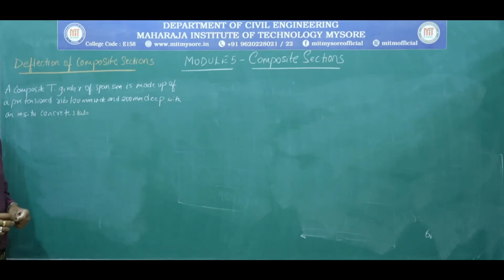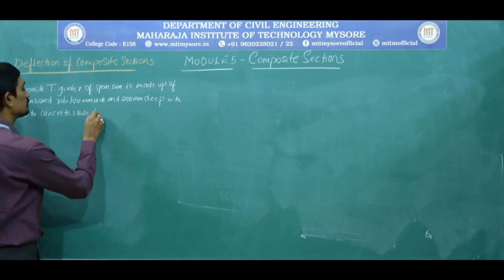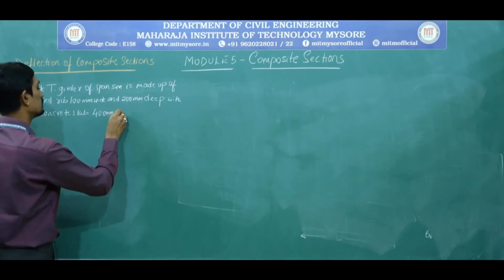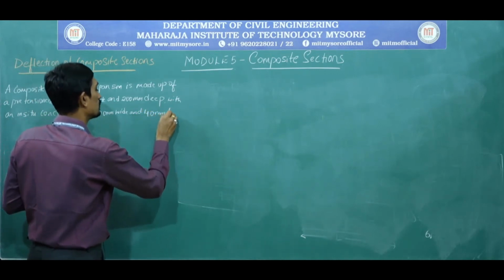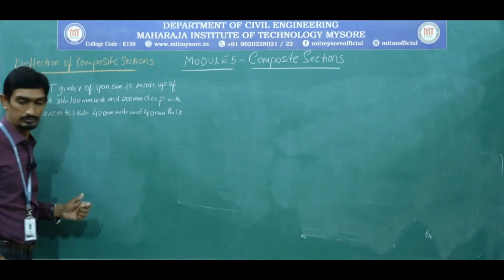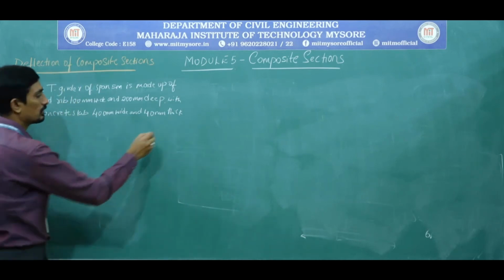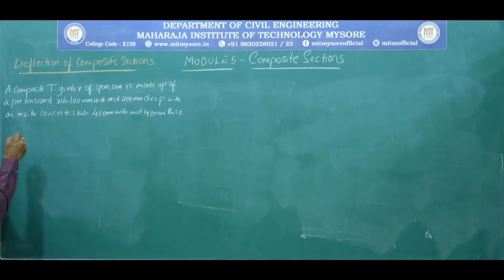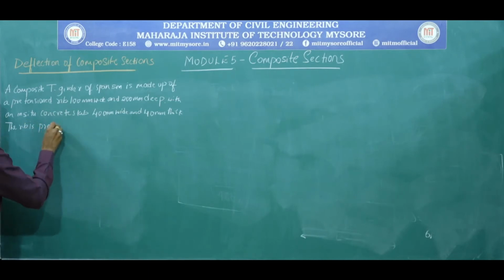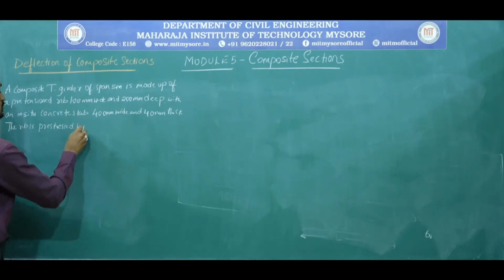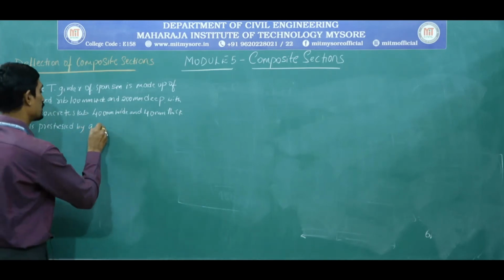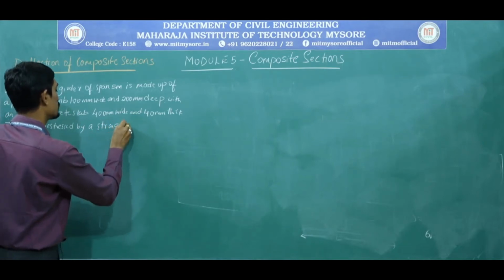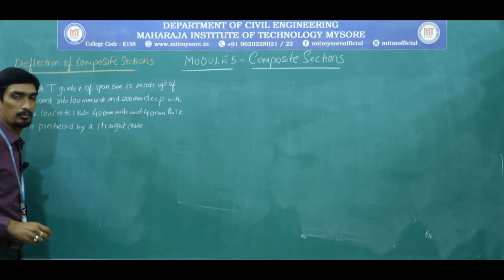400 mm wide and 40 mm thick. The rib is pre-stressed by a straight cable, so this is very important. Which type of cable?